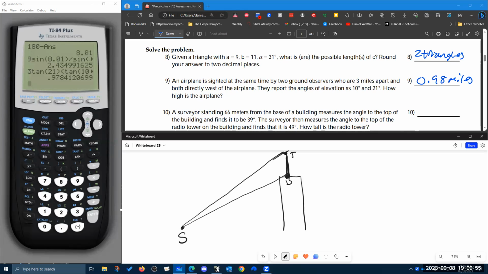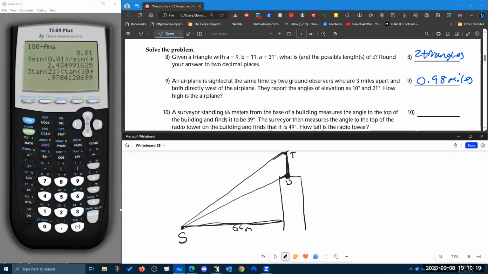He's 66 meters away from the base of the building.